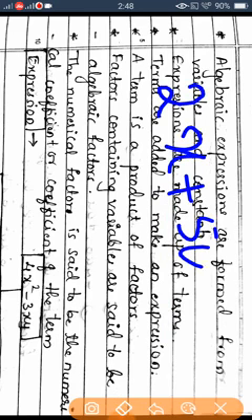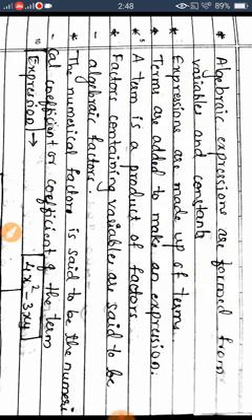Terms means, for example, 2x plus 5y. See here, 2x is one term and 5y is the second term. So two terms are included in this expression. Terms are added to make an expression.